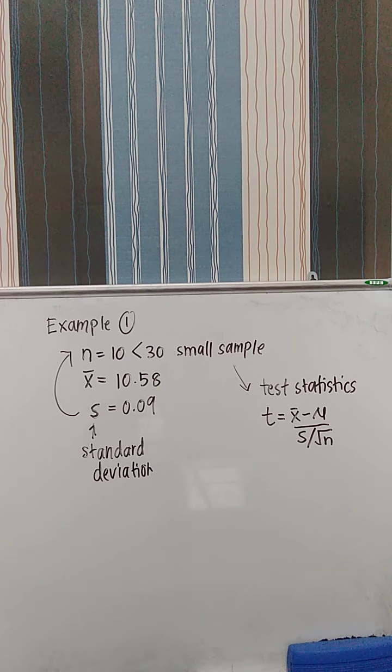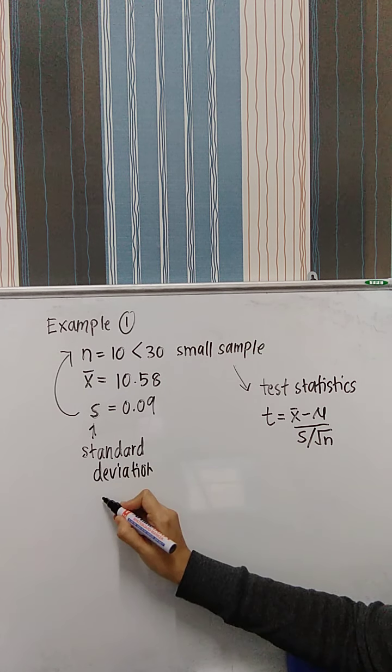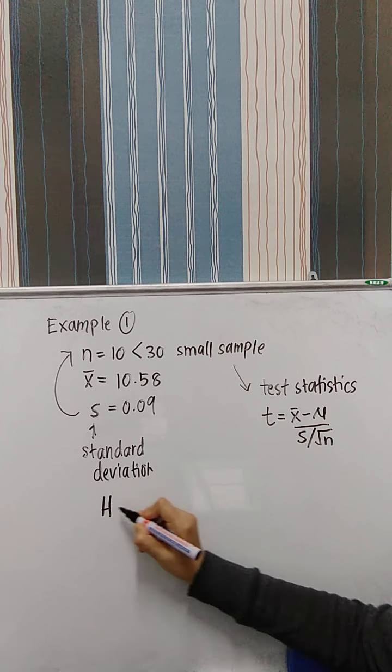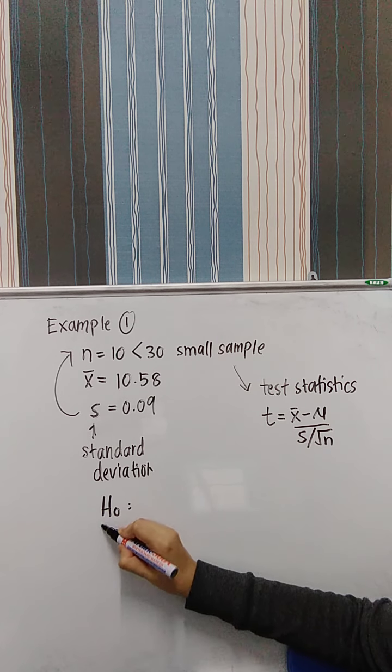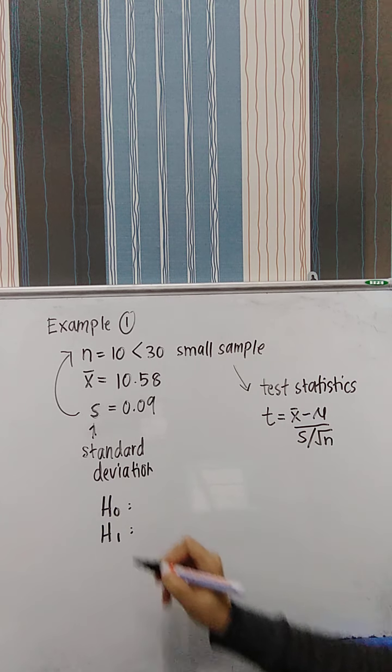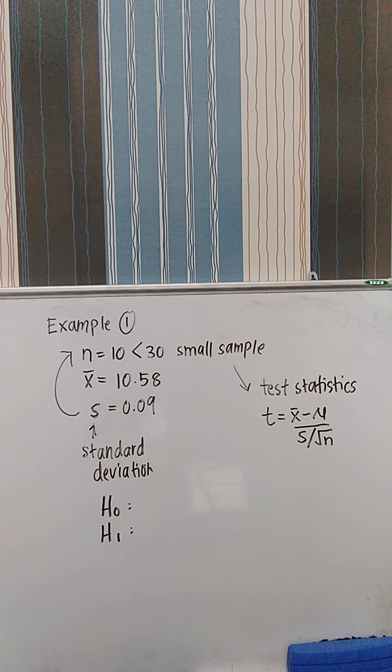Okay, next we write the hypothesis testing. Start with H0 and H1. What you need to test is the claim that the mean life of its washes is more than 10.5.